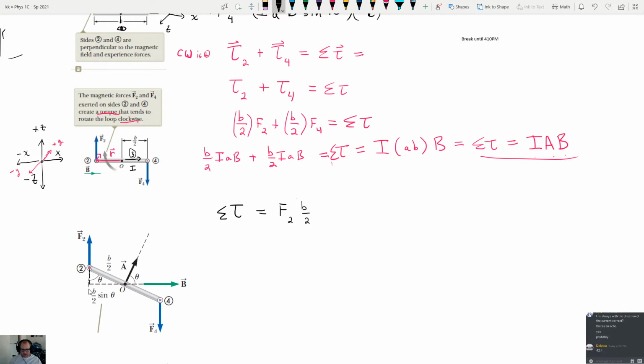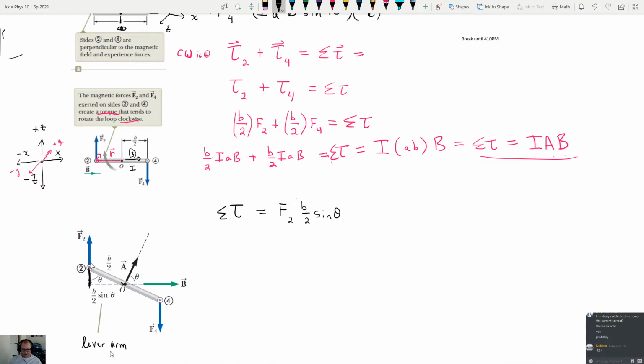If I extend my force back this way, then the perpendicular distance to the axis is between here and here. And the lever arm then is b over 2 times the sine of theta. Because theta is this side, b over 2 is the hypotenuse, so b over 2 sine theta, this thing is what we would call the lever arm, right?